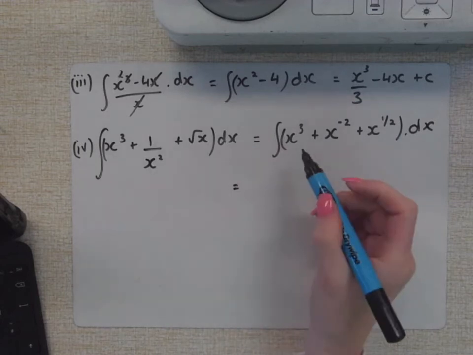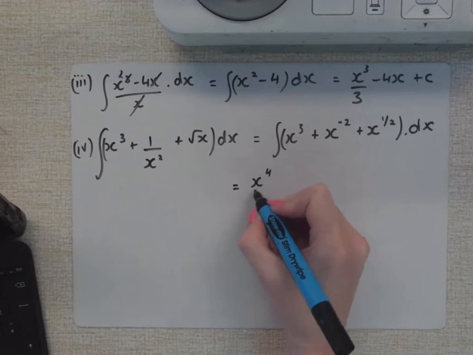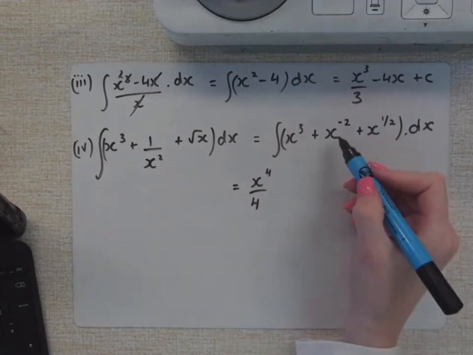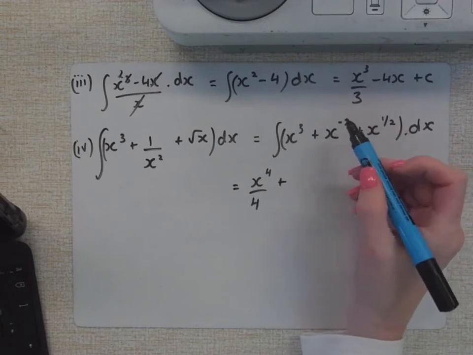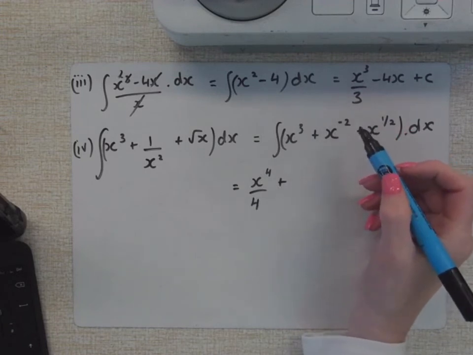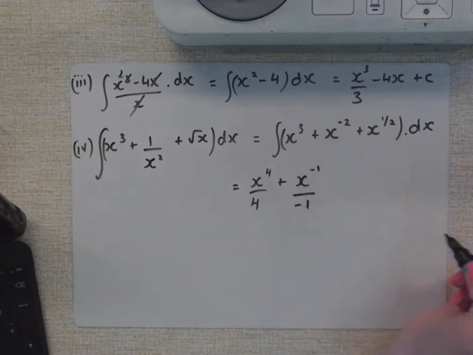Okay, so to integrate that, x cubed becomes x to the power of 4 over 4. x to the power minus 2, increase that by 1: x to the power minus 1 over minus 1. Okay.